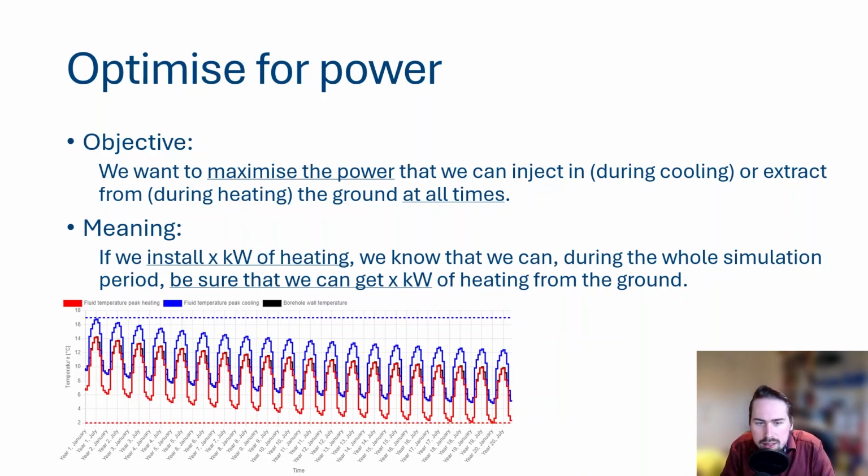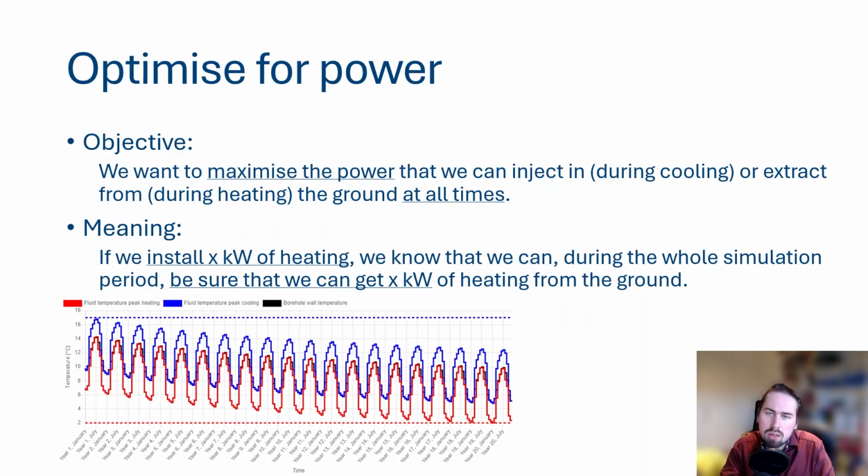And this is exactly the case when we have a bore field that has no potential for power, when we reach both the minimum and the maximum fluid temperatures. Because in this case, if we would install, let's say, 10 kilowatts of heating power extra, we can use it in the first years, but in the end we cannot use that extra power.